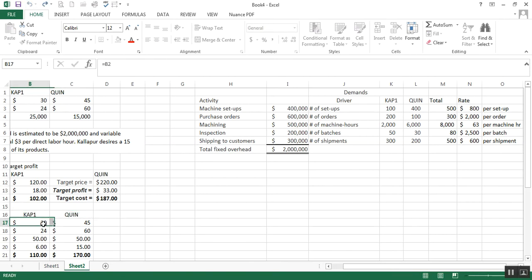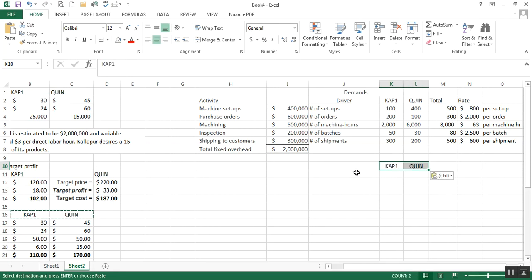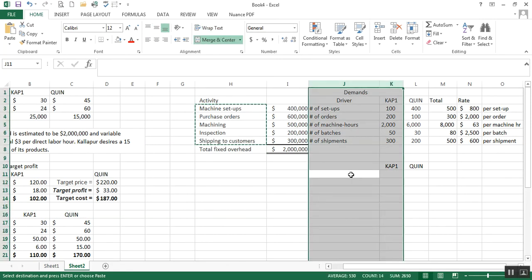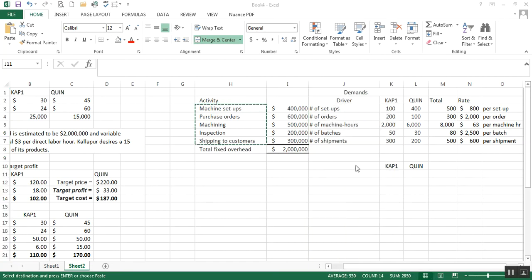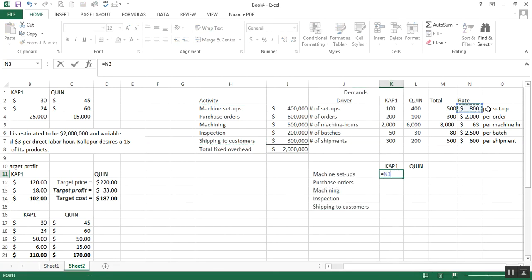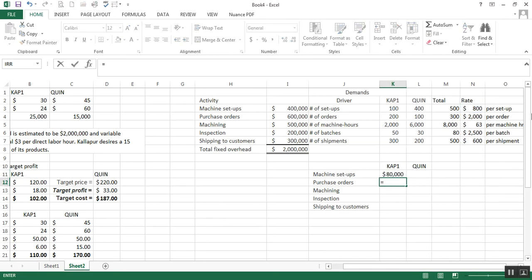So let's do that over here. These are going to be our different fixed overhead costs. So we're simply going to take the rate times the number of setups for each one.